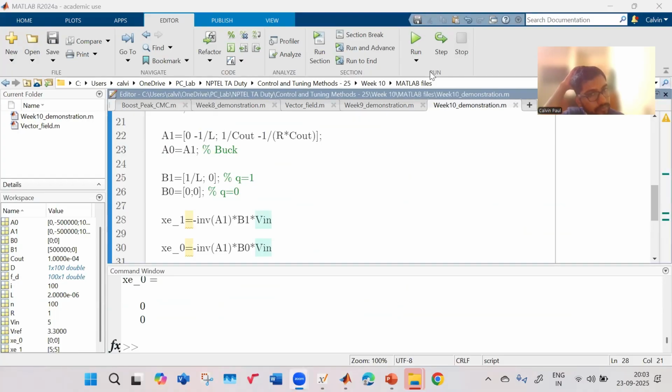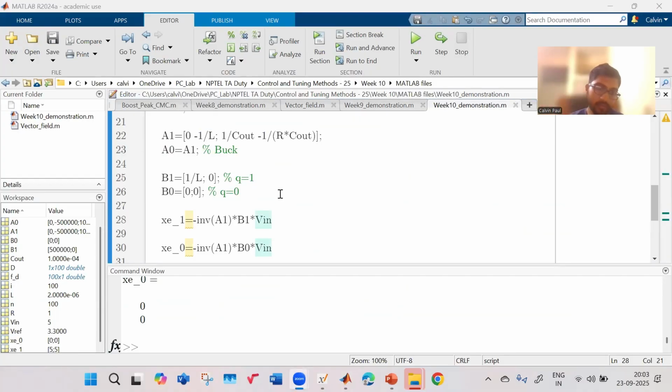Okay. So this is how you find the equilibrium points. Also, you can find it through matrix computation as well.